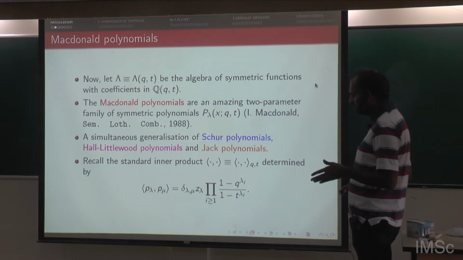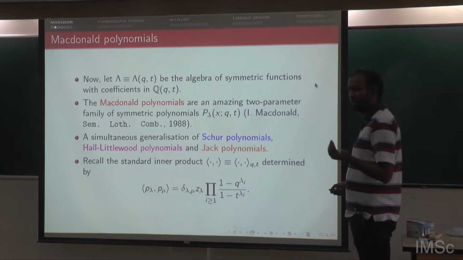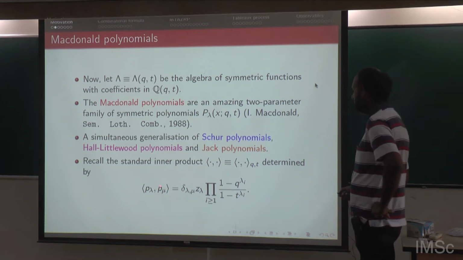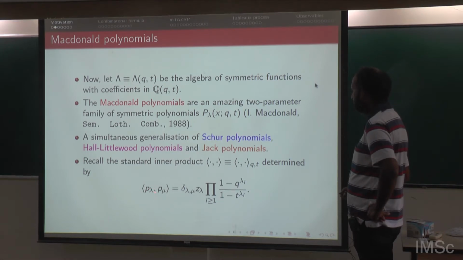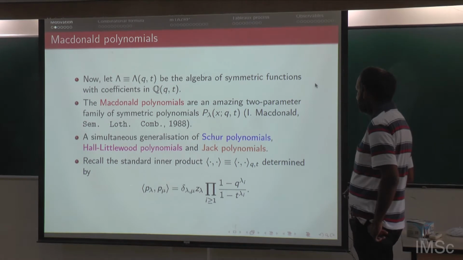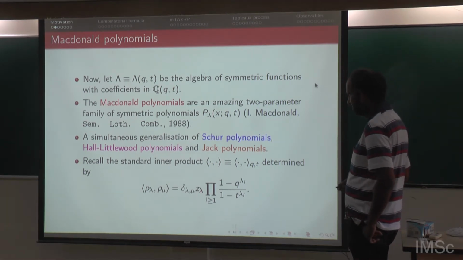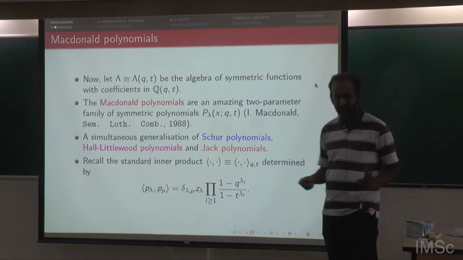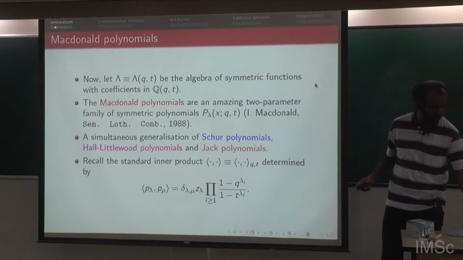The bases are indexed by lambda, the integer partitions, and if lambda and mu are two partitions, the inner product of p lambda and p mu is defined by stating that the p lambdas are orthogonal, and their norm is this quantity, where z lambda is a standard expression in terms of lambda. I'm not going to define it because I don't really need it.